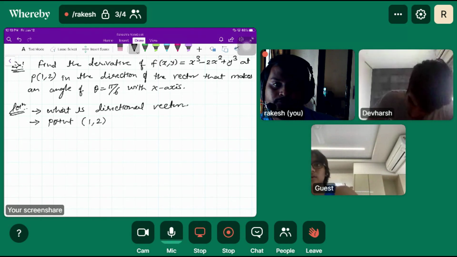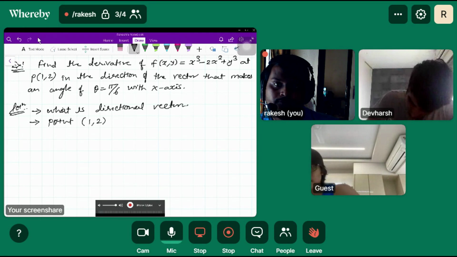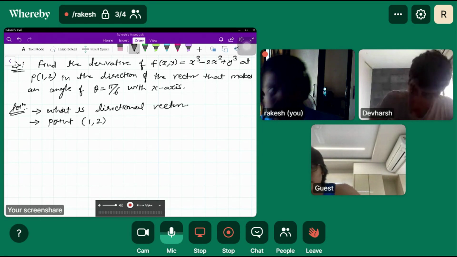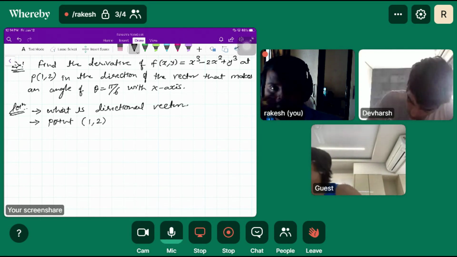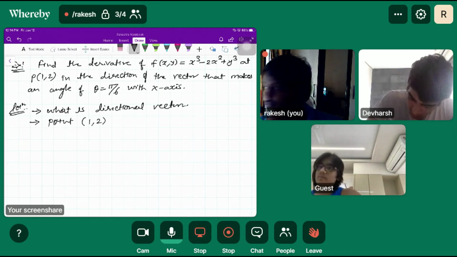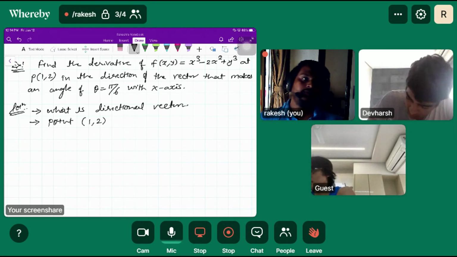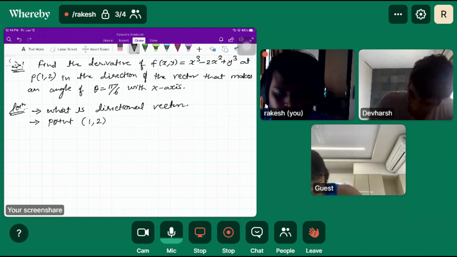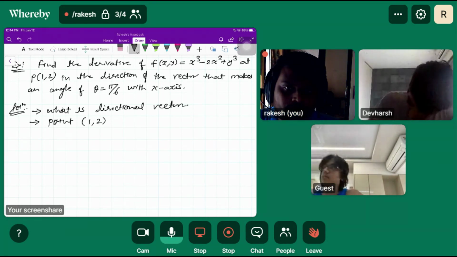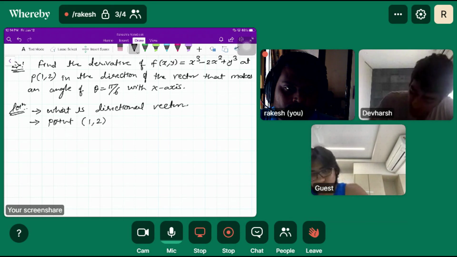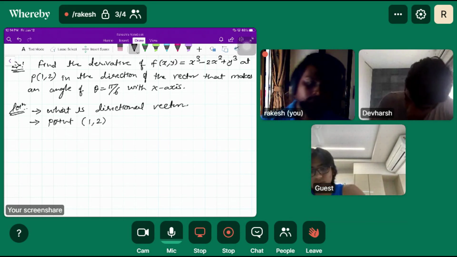Cos pi by 6 is equal to modulus. Yeah, so I think I got it. Okay.